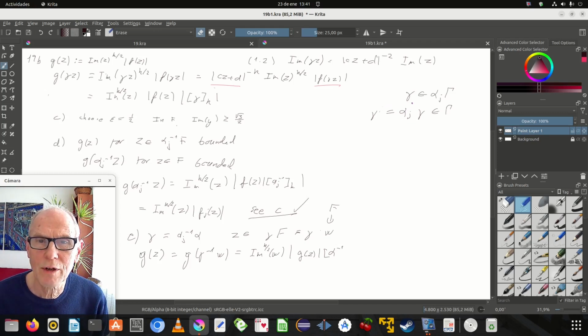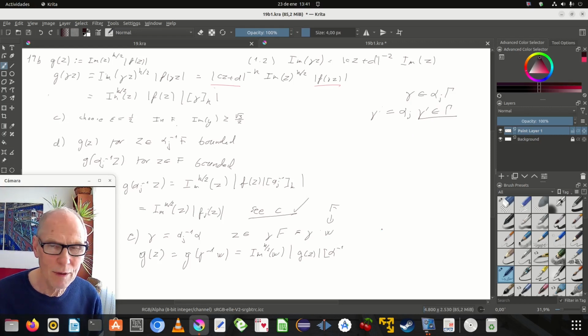Yeah, that was a little complicated. So gamma can be written alpha j times gamma mark, and this guy lies in gamma. So gamma to the minus first is gamma mark to minus first. We just write that.